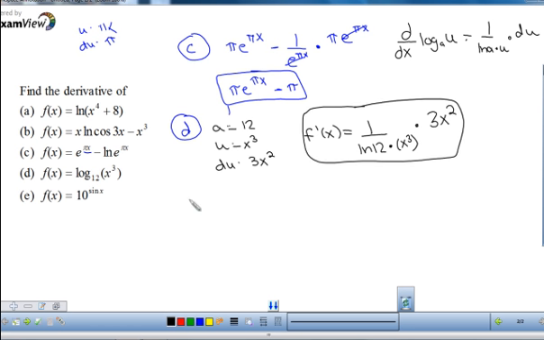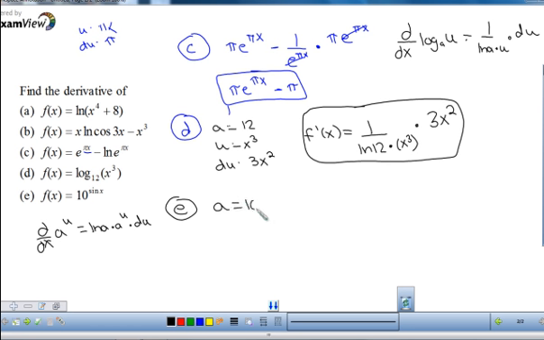Okay, and for e, the derivative of a to the u is ln of a times a to the u times the derivative of u.